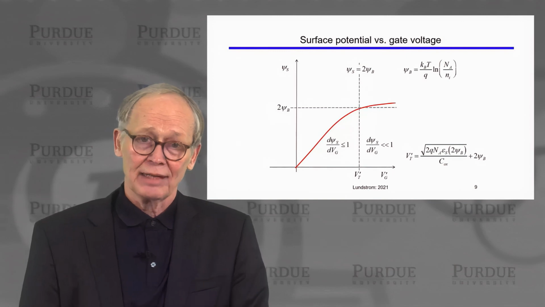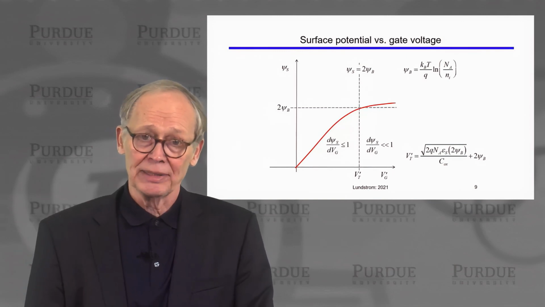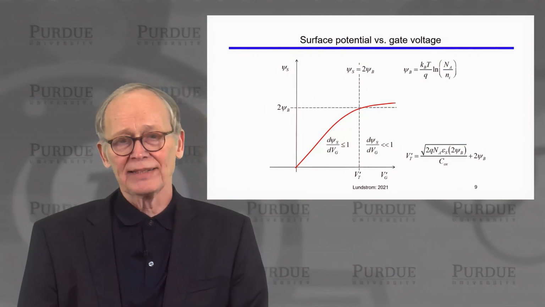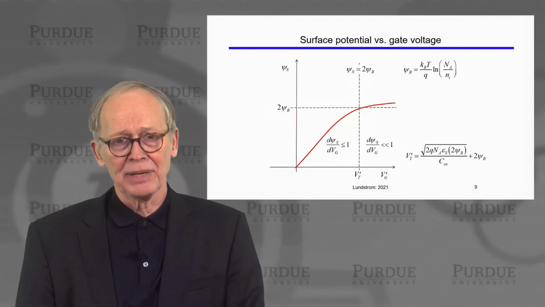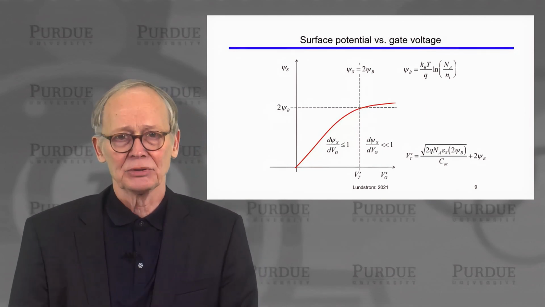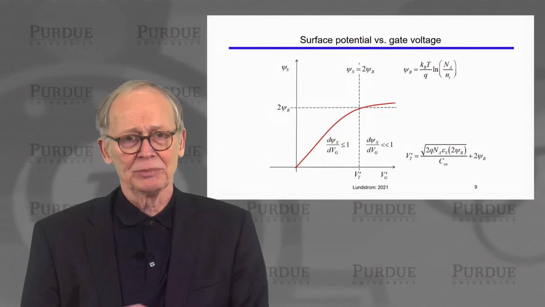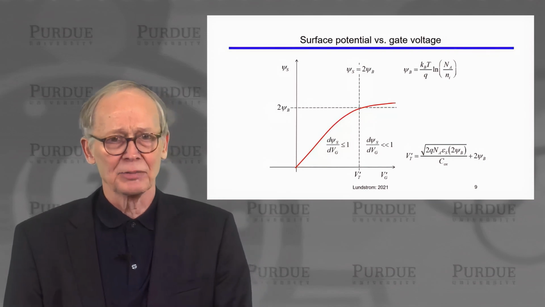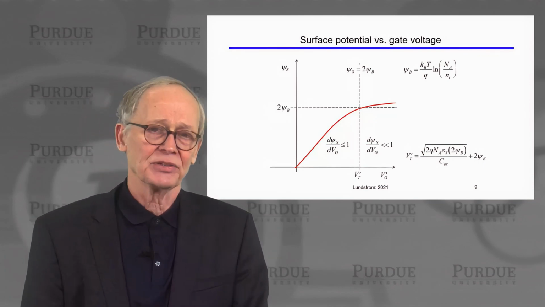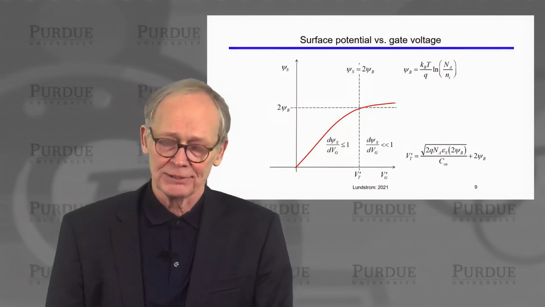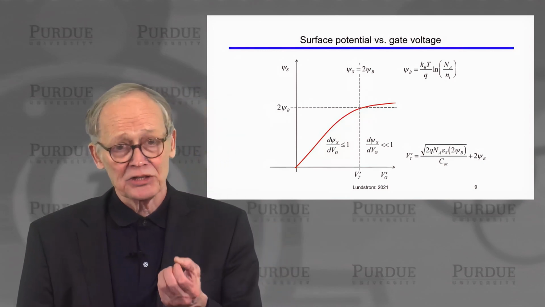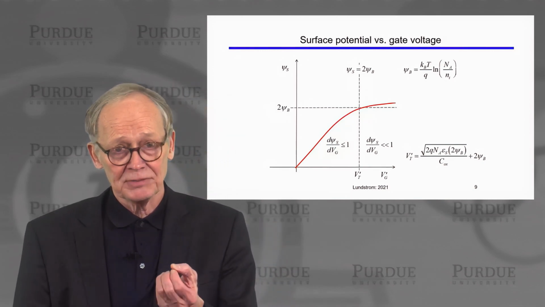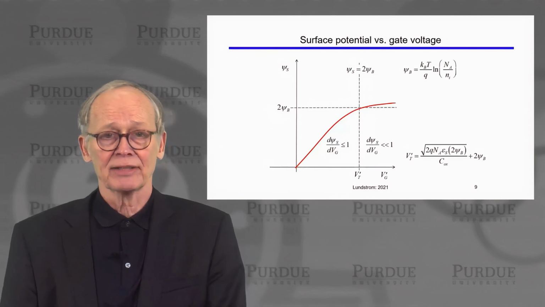Now, when we continue to apply gate voltage and bend the bands more, what we find is that it is very hard now to bend the bands much beyond 2 psi b. We'll bend them a little bit, a few kT, but it is hard, no matter how large the gate voltage is, to bend them by very much. That's because the charge is piling up exponentially, the electron charge in the inversion layer.